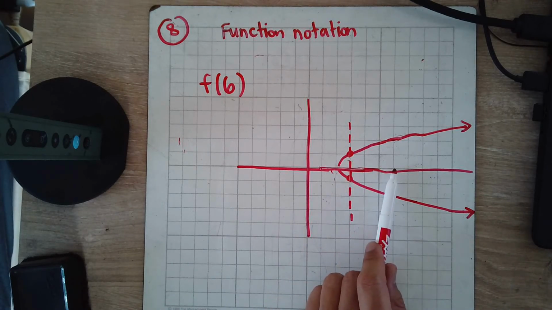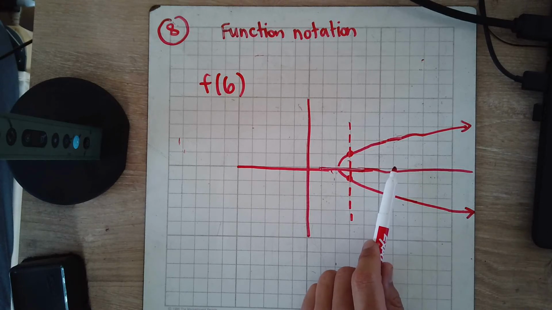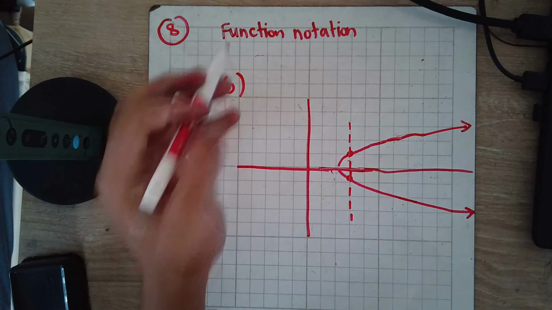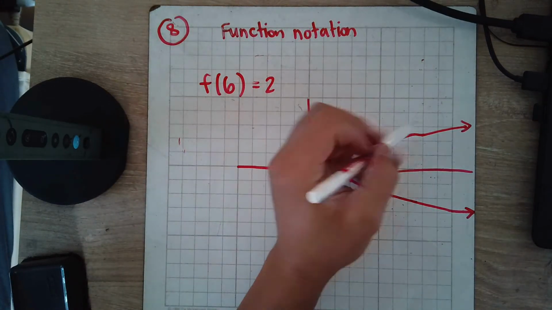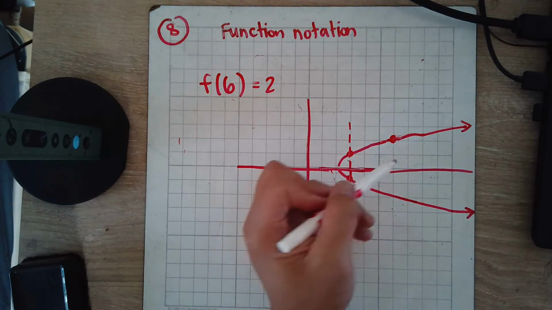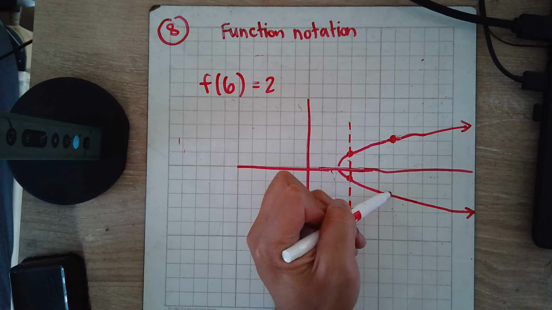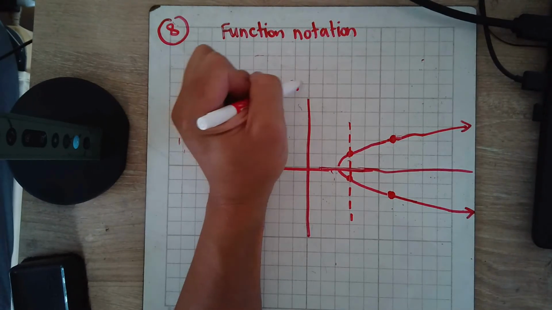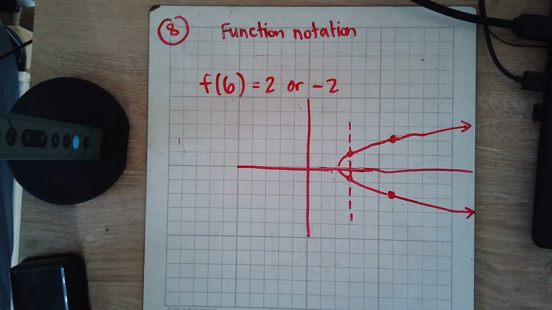And then I ask myself, how many times do I need to go either up or down to reach my graph? Well, I can go up 2. So f of 6 could be 2, and that would be that point right there. Or I could also go down 2 points to get to this point right here, -2. So 2 or -2 would work for that answer.